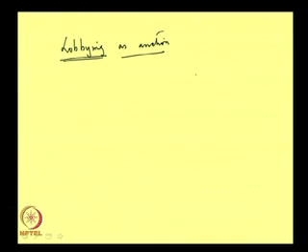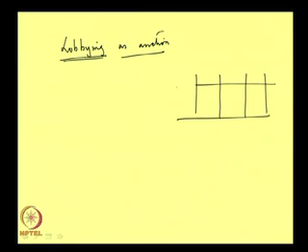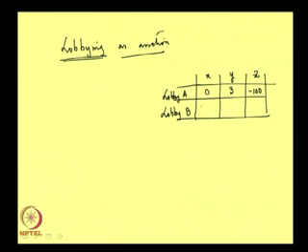Let us take the following game. Suppose there are two lobbies, lobby A and lobby B, and there are three policies that can be taken by the government, and the numbers here indicate the benefits that the lobbies are going to get from the policies.